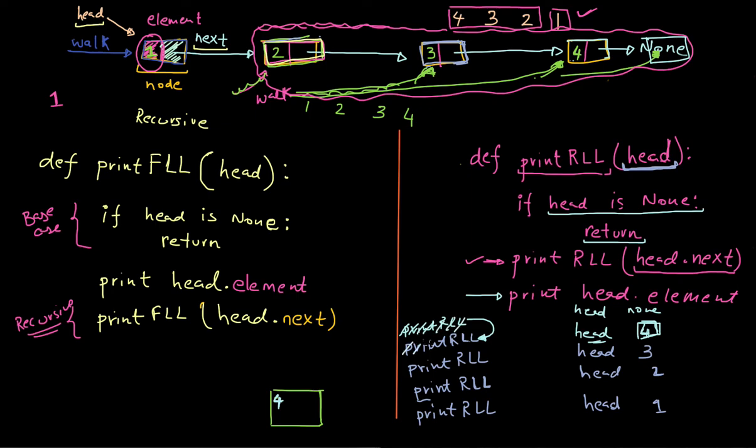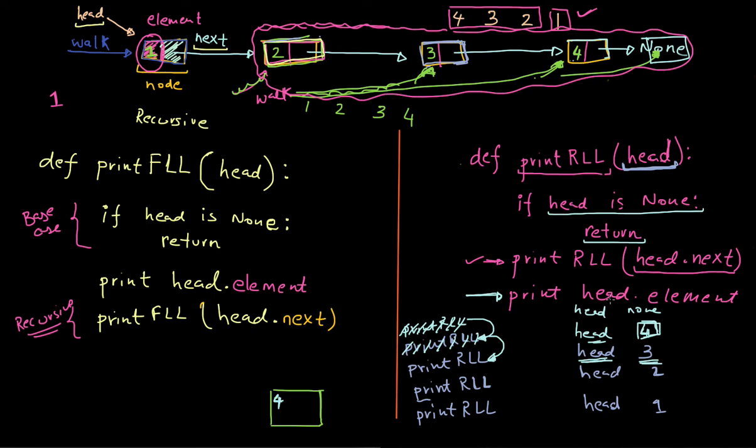Now this function gets returned. If this gets returned, where does it go back to? It goes back to the previous stack frame. On the previous stack frame, what is the next instruction? The next instruction is print head.element. What is head? Head is this thing right here that is pointing at the node that contains the element 3.